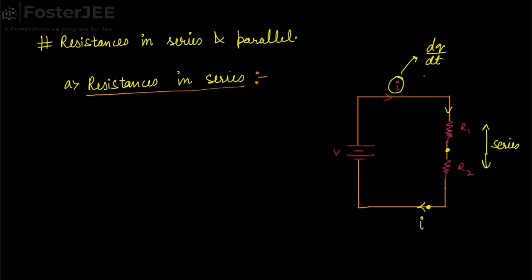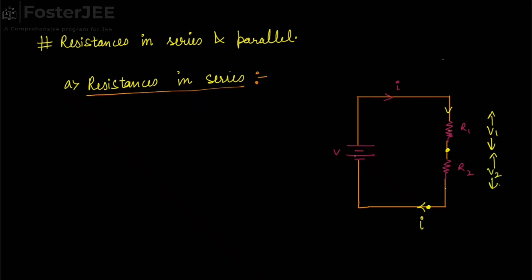Now it was obvious that the current will be the same for both resistors, but the potential difference across both resistors, we can't say that it is equal or unequal. So let us suppose across R1 the potential is V1 and across R2 the potential is V2.